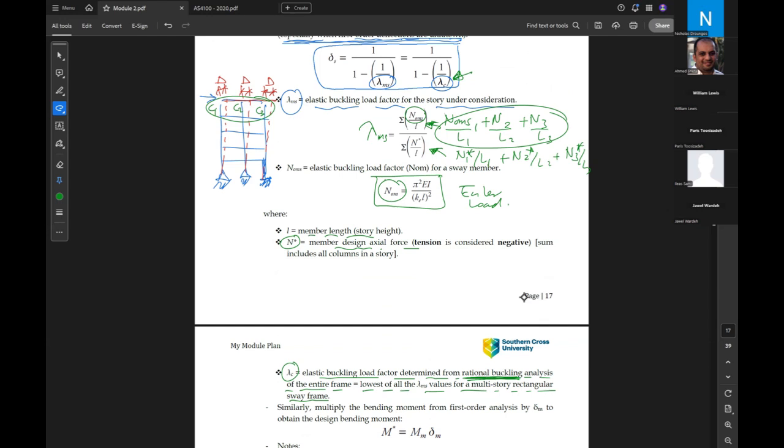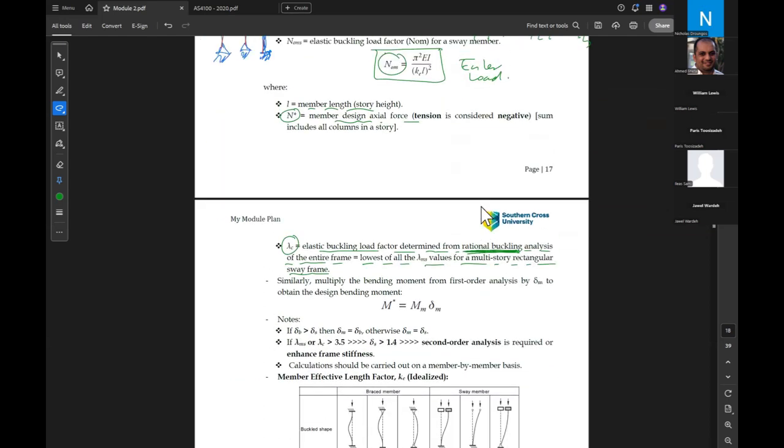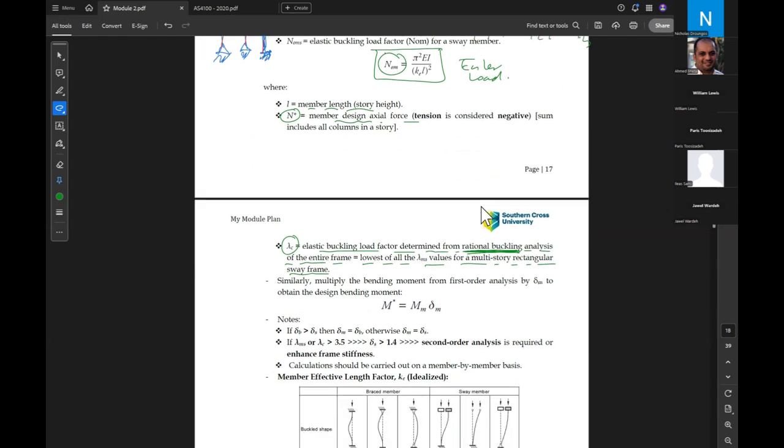The other option, which we will be focusing on, is this term: delta S equal to 1 over 1 minus 1 over lambda ms, because we can easily find lambda ms, so this will be our option.